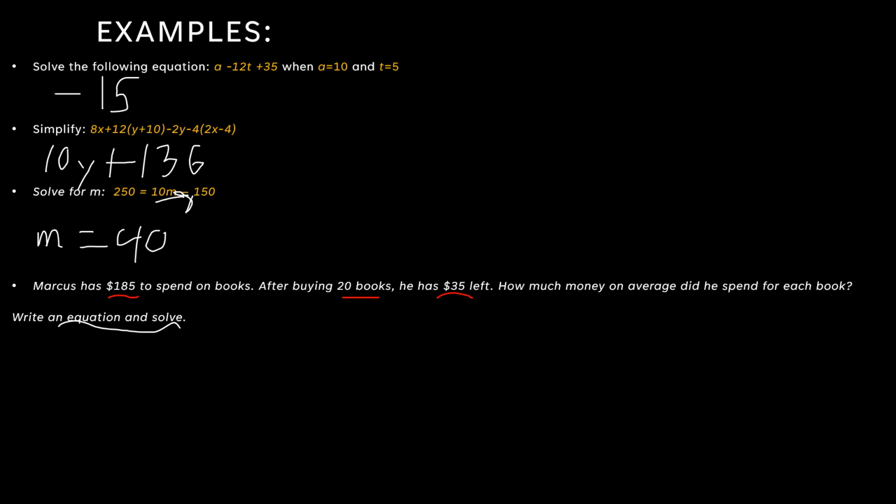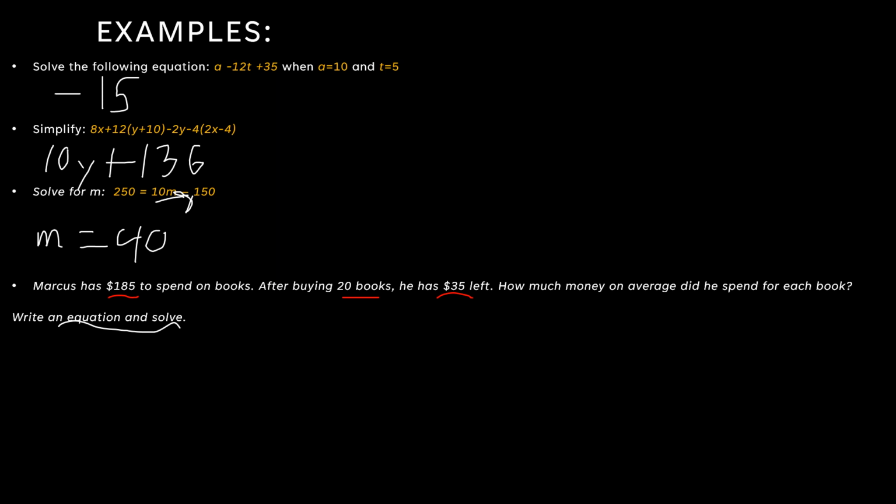We could have it set up to where 185 is equal to the 20 books bought plus the $35. We could also set it up to where $35 is equal to the 185 minus the 20 books, or we could have it as the 20 books is equal to the $185 minus 35.